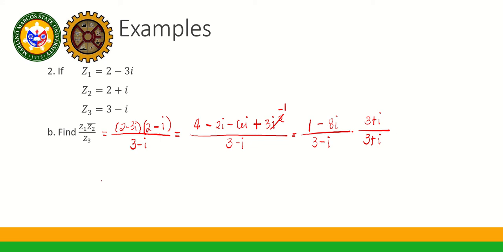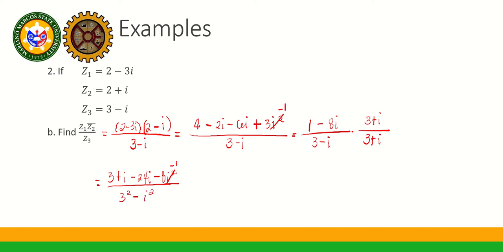And then we simplify. This is the FOIL method, this is 3, and then 1 times i, that is positive i, and then negative 24i, and then negative 8i squared. i squared is equal to negative 1. Then the denominator will be 3 squared minus i squared.